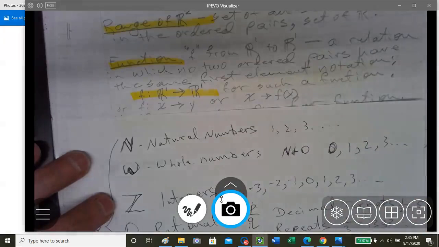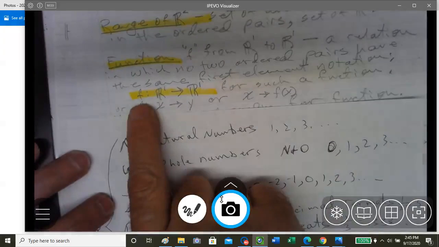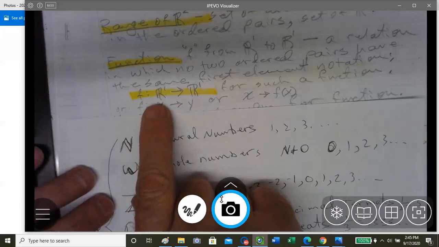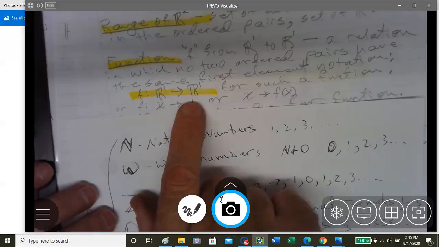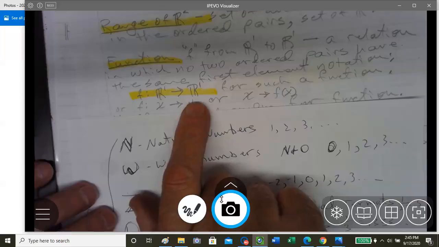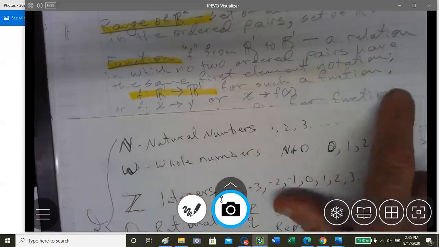So in the ordered pairs, the x's do not repeat. So this is a function where real x values in the real number set go in, and the y values coming out are also part of the real number set.